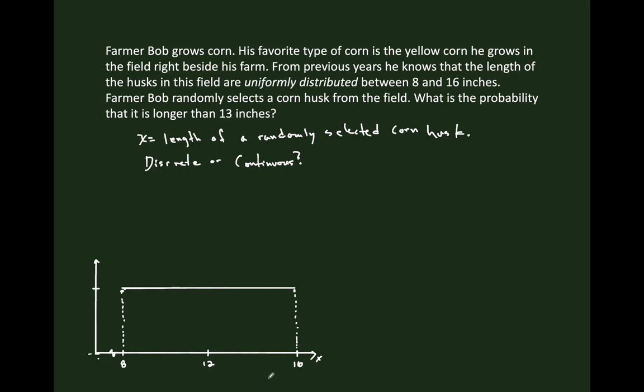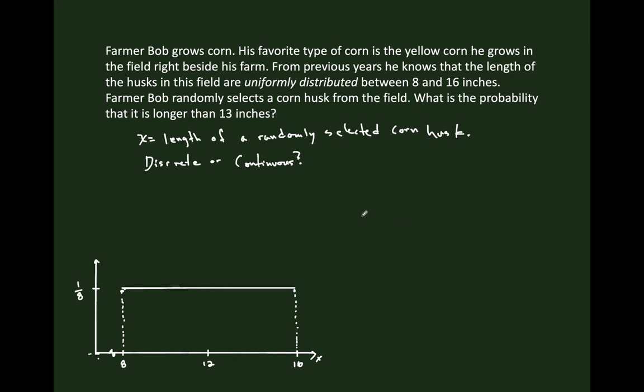And again, I'm going back to that idea that the total area needs to be 1. Well, it's 8 units from 8 to 16. We're in inches here, so it would be 8 inches. And if I make the height then 1/8, notice how the area of that entire rectangle will be 1. And that's really convenient for doing my probability calculations.